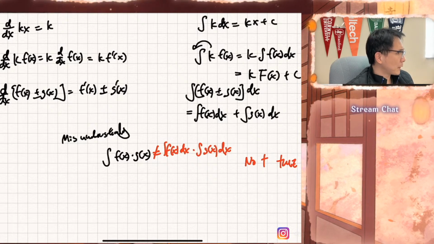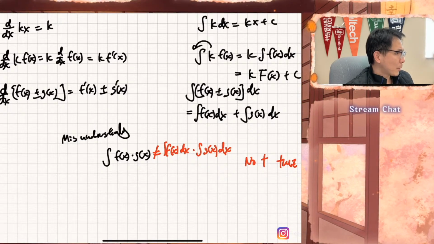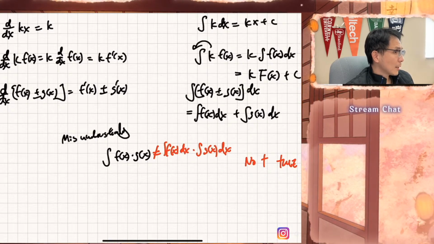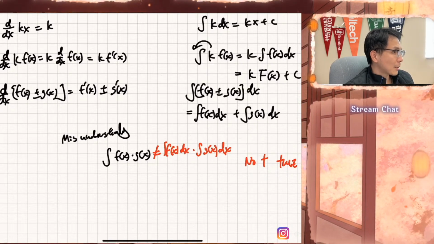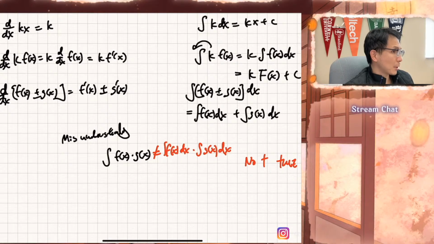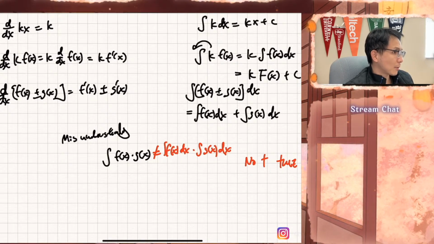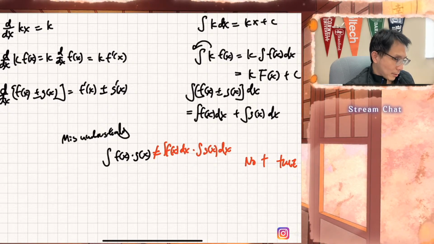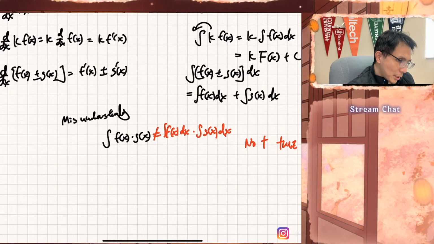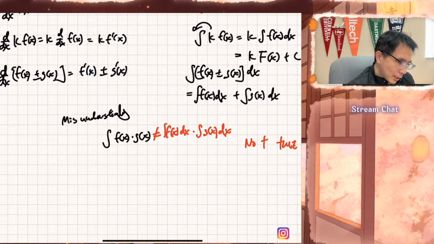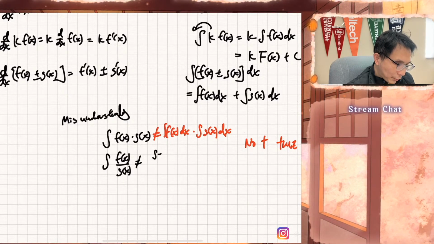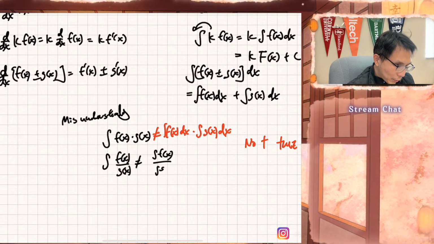It doesn't work with derivatives either. If I have the derivative of f of x times g of x, it's not the derivative of f of x times the derivative of g of x. It's actually f prime of x g of x plus g prime of x f of x. It does not work this way either, and f of x over g of x does not equal the integration of f of x over the integration of g of x.